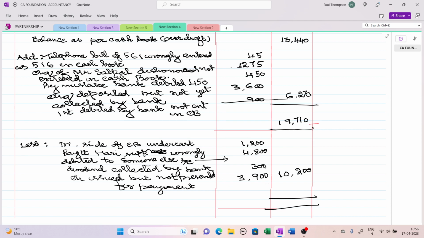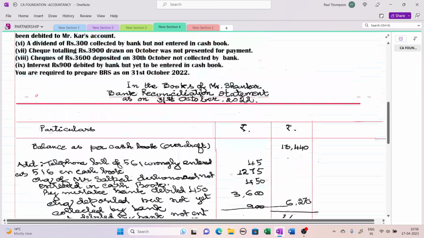This is 9,510. Because the overdraft is more, reducing amount is less, so this resultant figure is also overdraft. So balance as per bank statement, overdraft is 9,510. Okay, so here you will understand one thing.